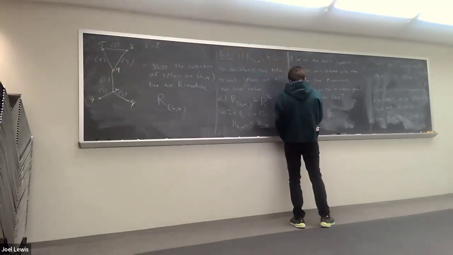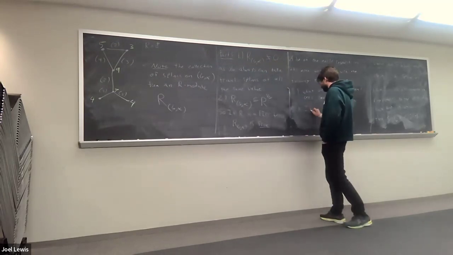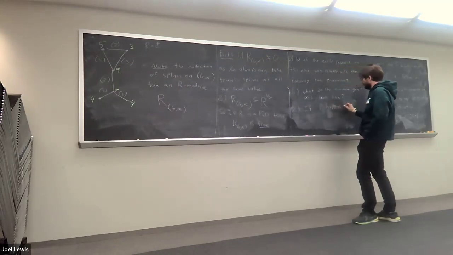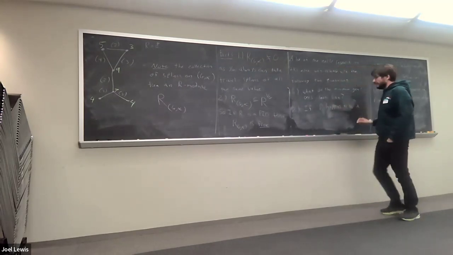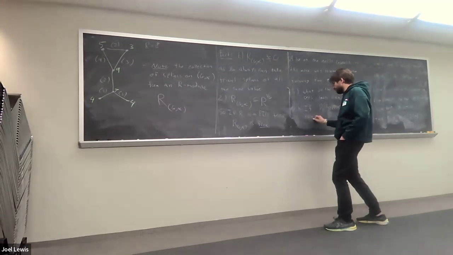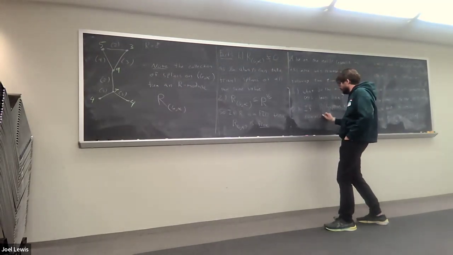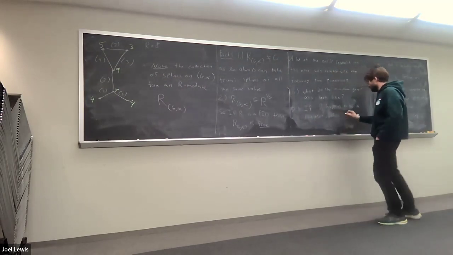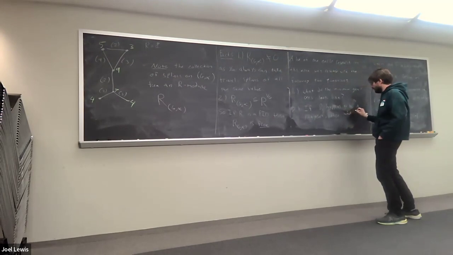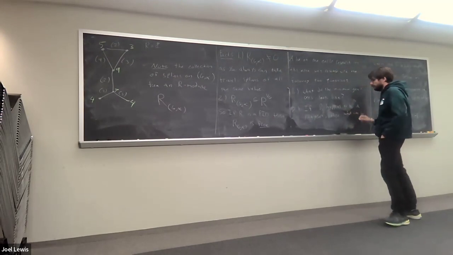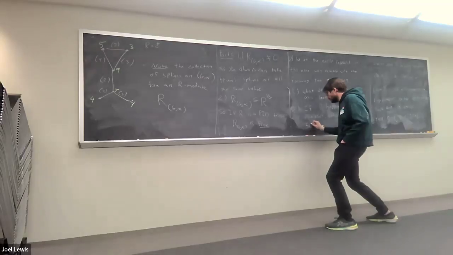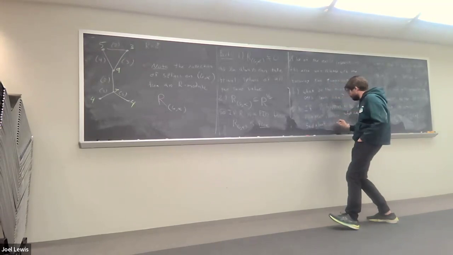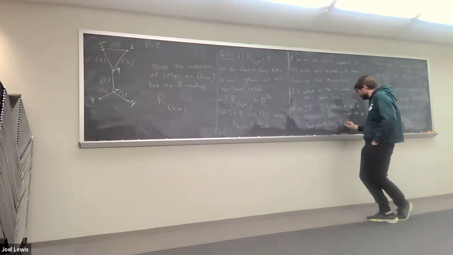And number two, if R happens to be a K algebra, then what can we say about the dimension of it?